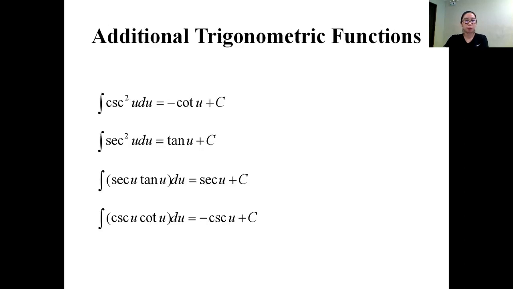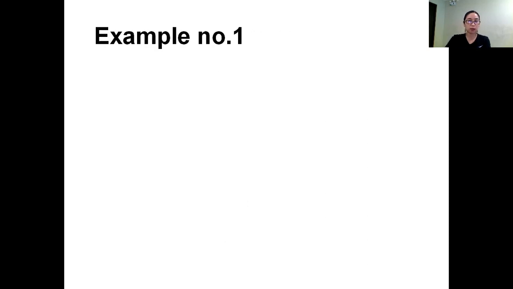So, let's proceed to example number 1 using the trigonometric functions, with the substitution method. So for example number 1, we are asked to evaluate the integral of sine square root of x over square root of x dx.